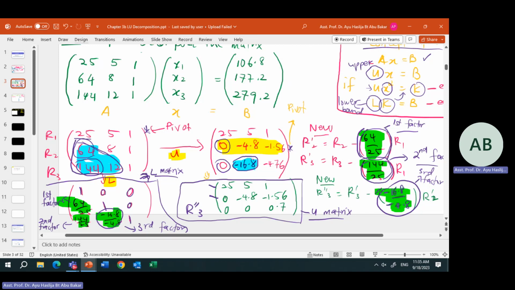But for the third factor just now, you have negative 16.8 over negative 4.8, so consider those signs.